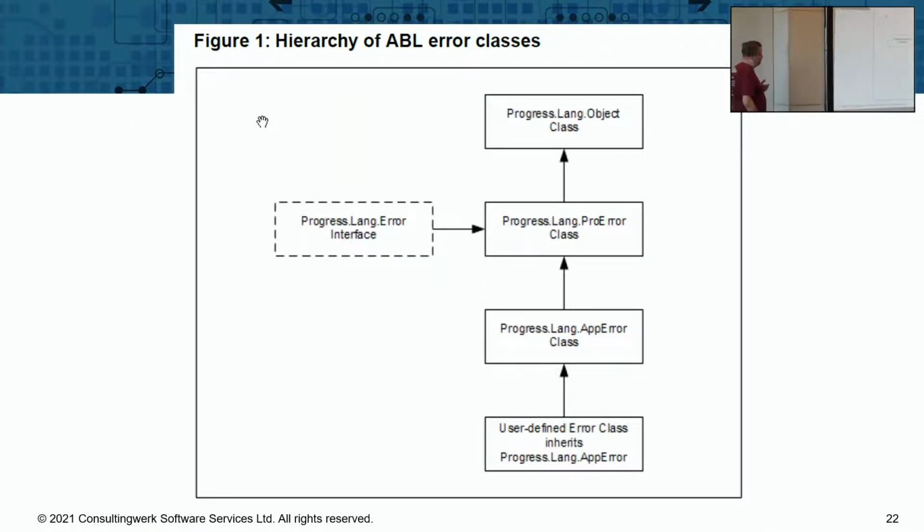And for us as programmers, we can create our own error classes that inherit from the progress.lang.app error. So if we programmatically raise an error, it could be the app error class, but once you start thinking more about reusable functionality and this framework thinking or templates or whatever, then writing your own error classes is something that you will quickly add to that.